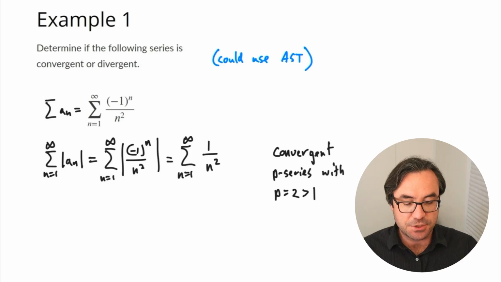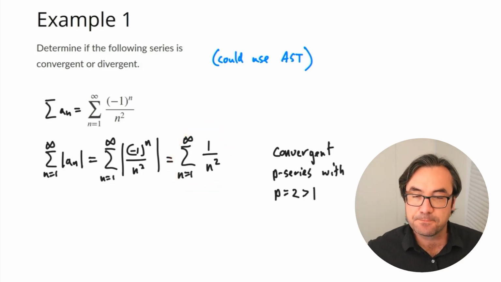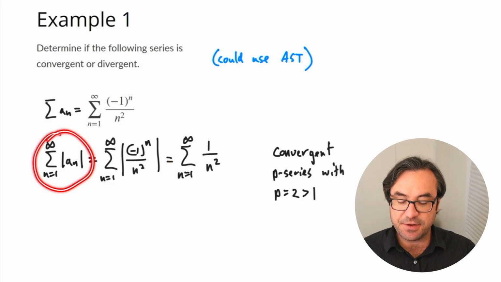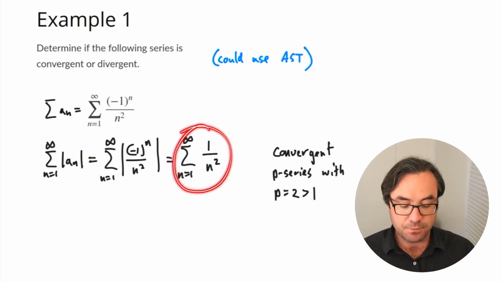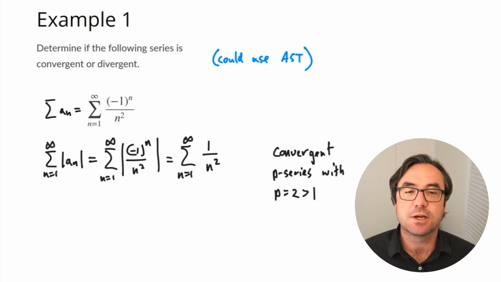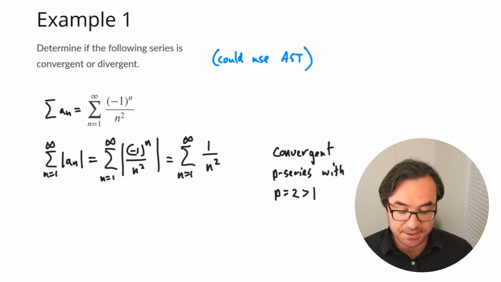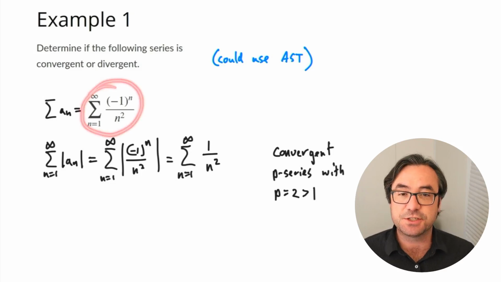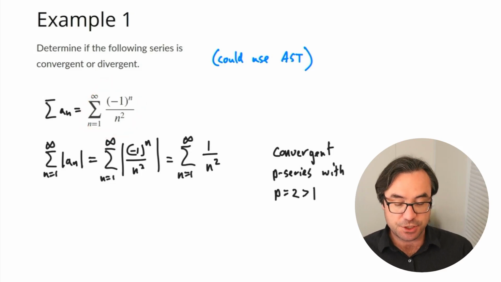So what we found here is that this series of absolute value terms is something we can immediately recognize as a convergent p-series. So what that means is our original series has to converge as well.